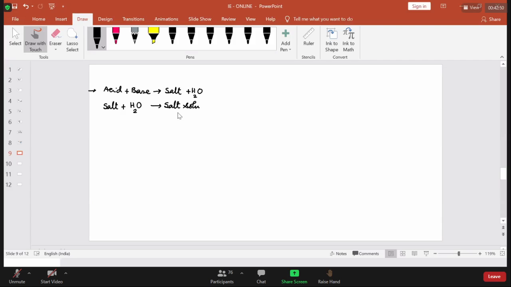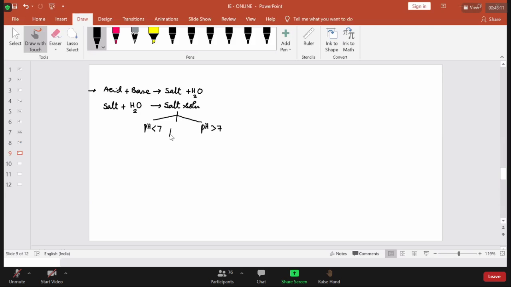So if you dip a pH meter in this salt solution, you may observe that in some cases pH is less than 7. In other cases, you may find that pH is more than 7. Then you are very happy, sir. I know very well that this solution is acidic in nature, this solution is basic in nature.